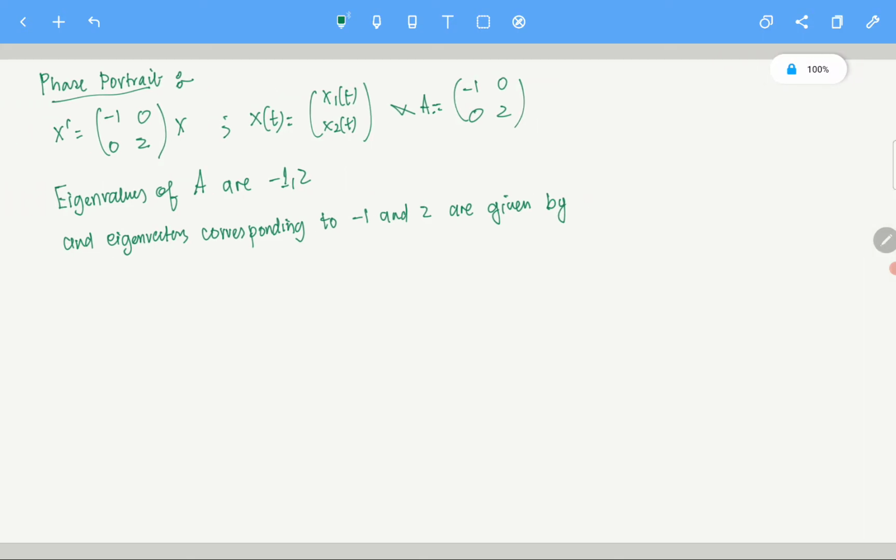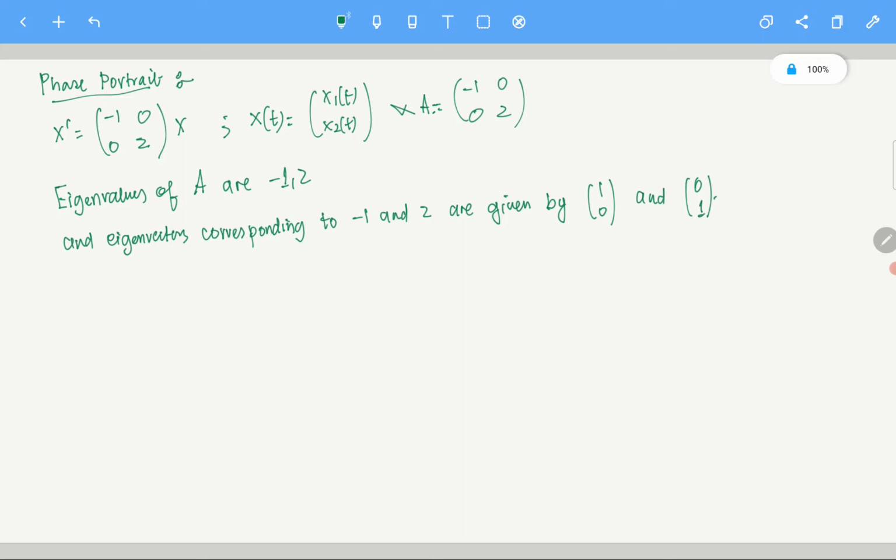I am choosing the eigenvector corresponding to minus 1 to be 1 0, and corresponding to 2 to be 0 1. It may not be this in all cases, but in this case it is 1 0 and 0 1. Clear?